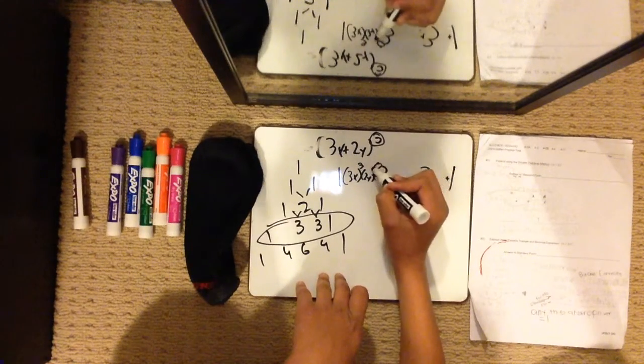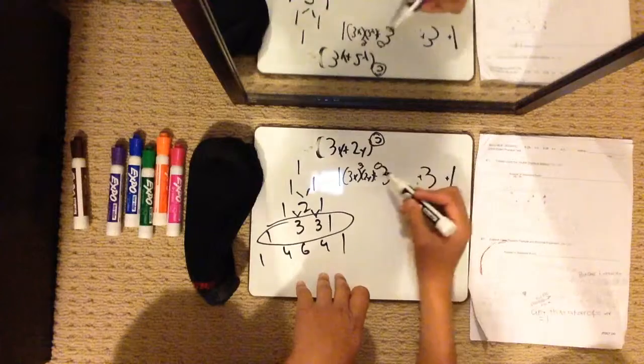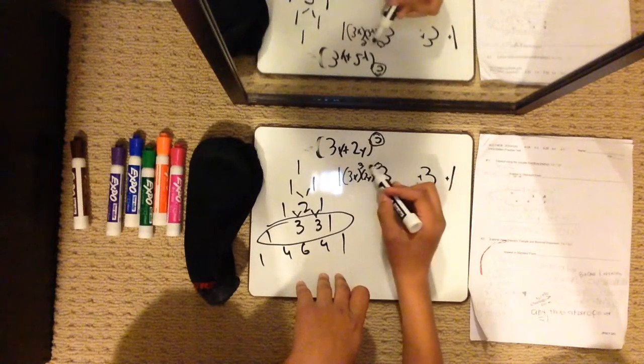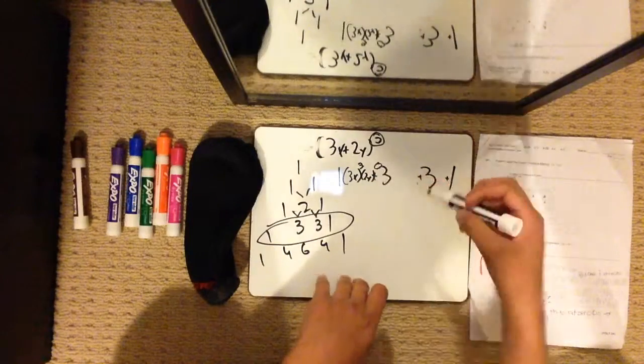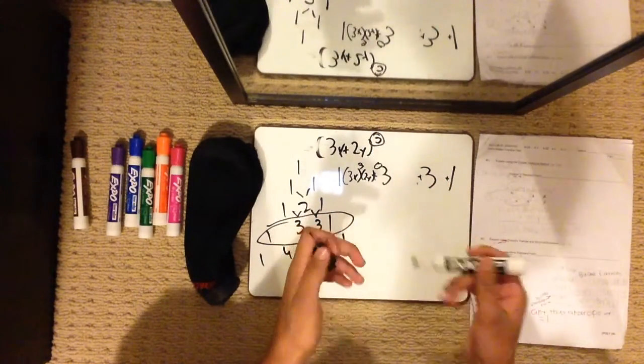So it will go 3 and 0, and it will gradually go until you get to y being the highest exponent and x being the lowest, x being 0 and y being whatever it is, and in this case it will be 3.